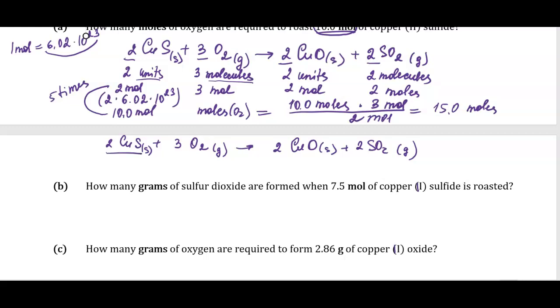My molar ratio is 2 moles of copper sulfide, and we need to find how many grams of sulfur dioxide. So I am going to underline sulfur dioxide, and the molar ratio between copper sulfide and sulfur dioxide is 2 to 2.